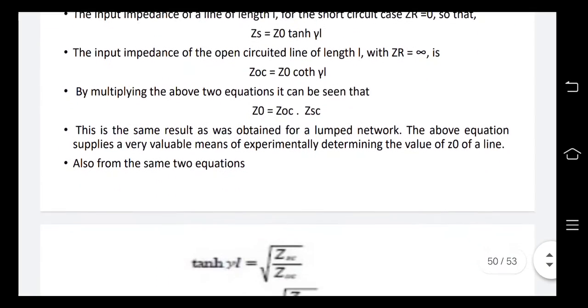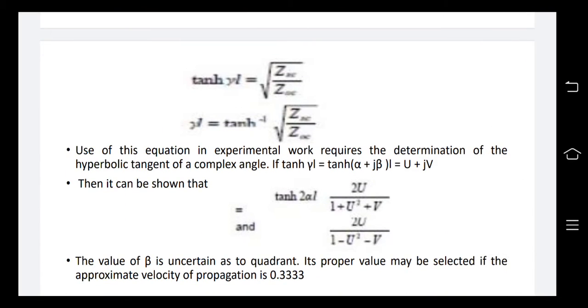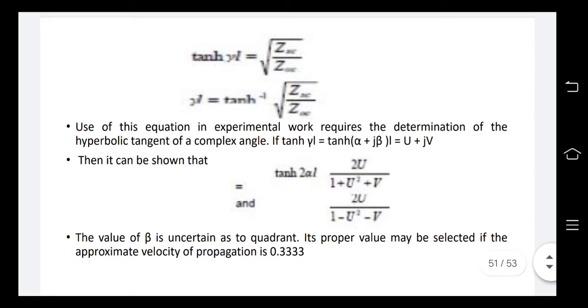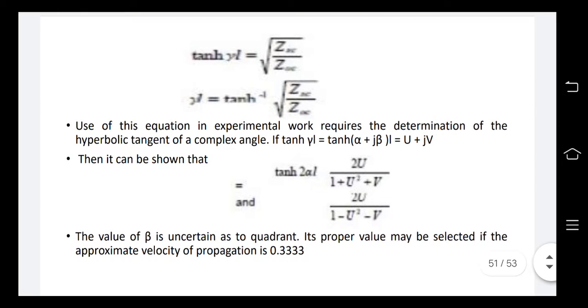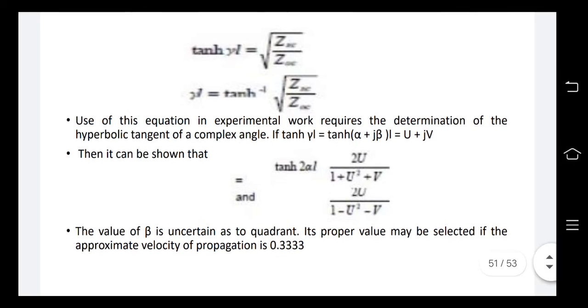Also from these same two equations, we get tanh(gamma L) equals the square root of ZSC divided by ZOC, so gamma L will be equal to tanh inverse of the square root of ZSC by ZOC.